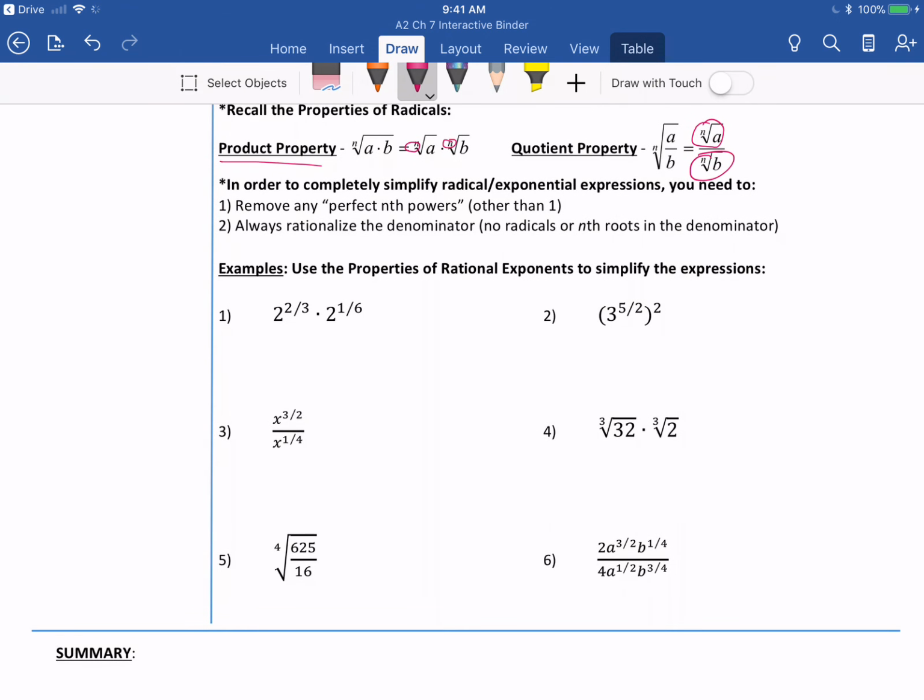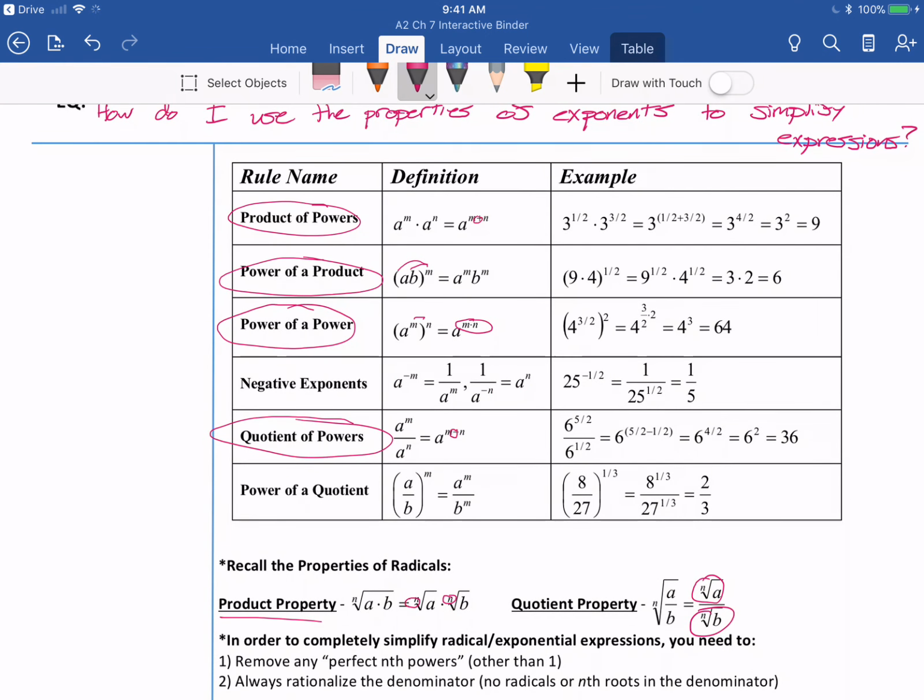So here, notice for number one, my 2 is my base, all right? And I have these different exponents. I have 2/3 and I have 1/6. So if I combine these guys together, I'm going to take these exponents and add them. That is the product of powers property, this very first one up here.